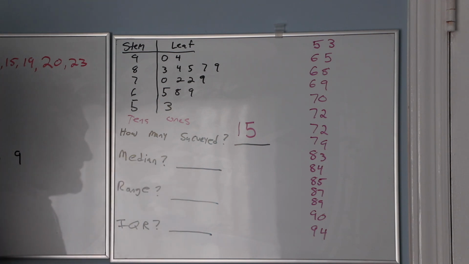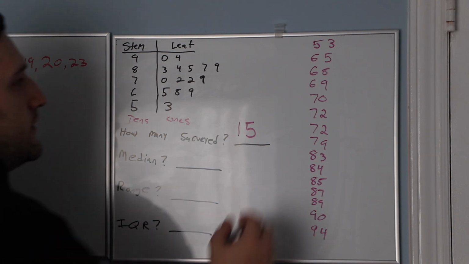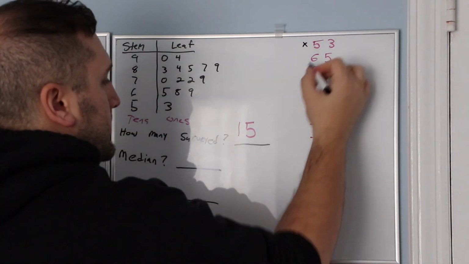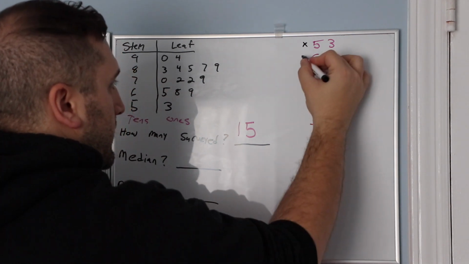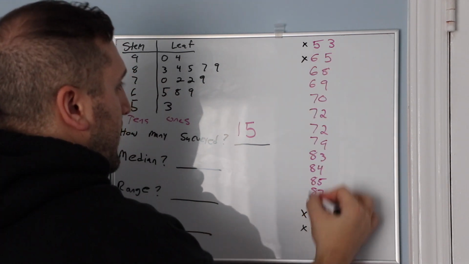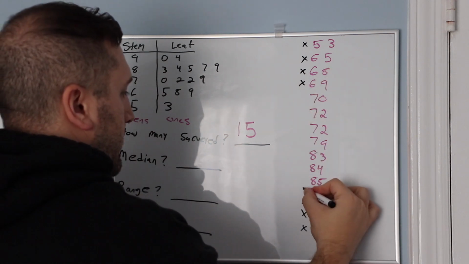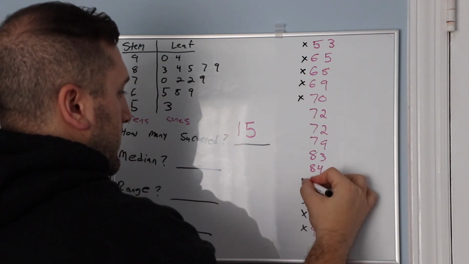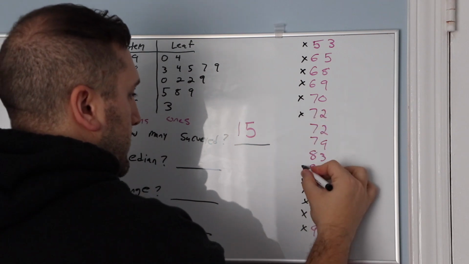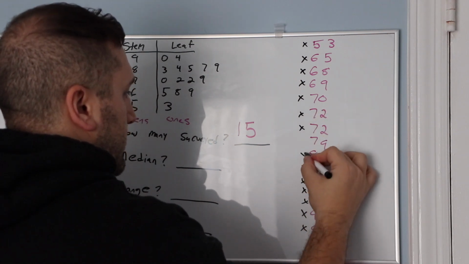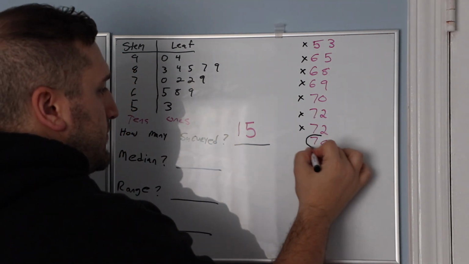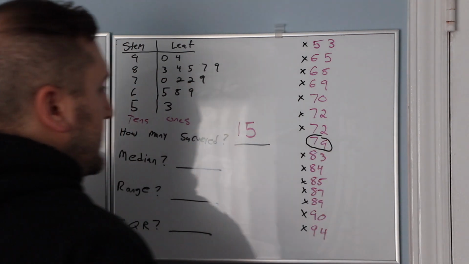Okay, so remember, median is that middle number. So we're going to cross out our highest and our lowest, alternating, until we get to this median of 79.